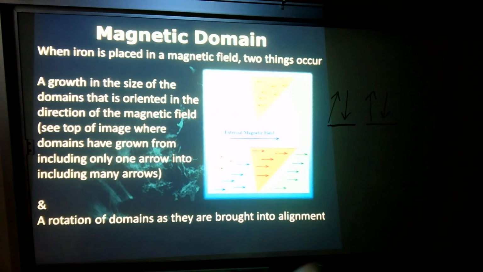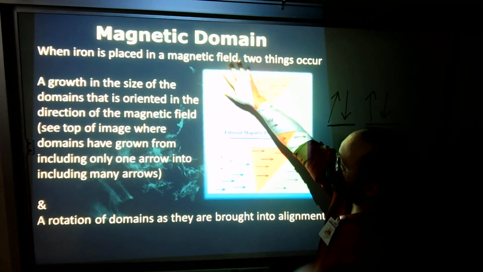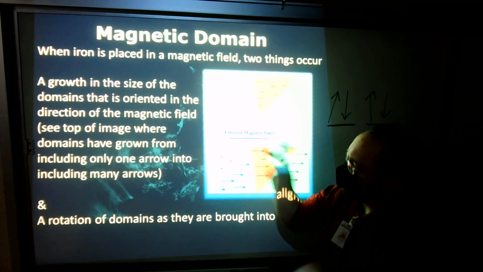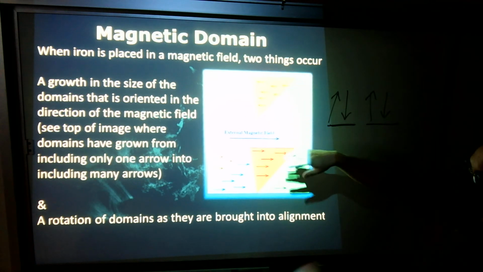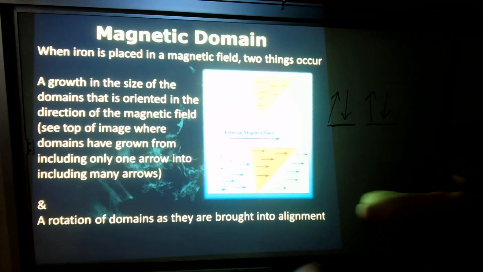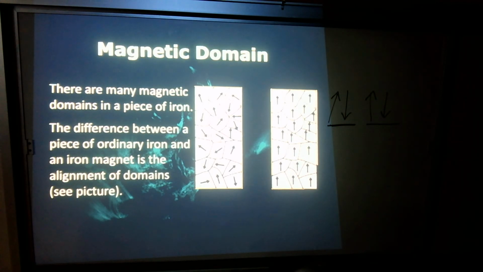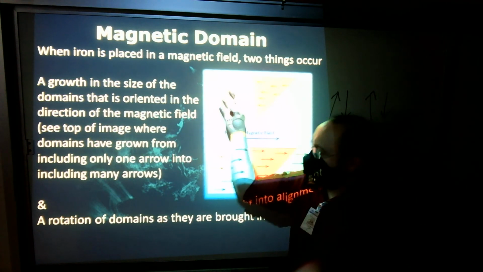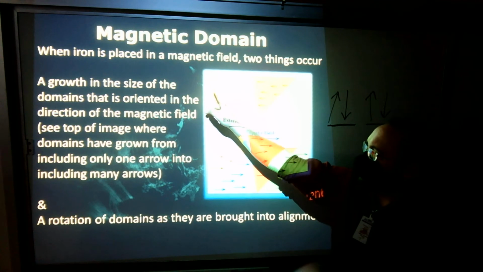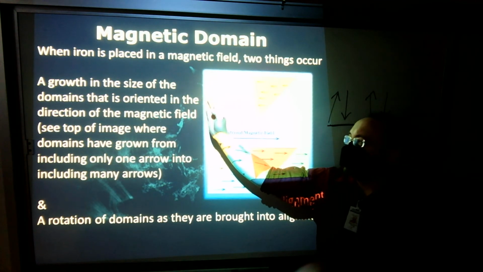So when you make a piece of iron or nickel or cobalt magnetic, you can put it in a magnetic field. That's one way, and there's another way we'll talk about in a minute. But if you put it in a big magnetic field, two things occur. All those arrows in the last slide that are next to each other but not pointed the same way, one of the arrows in this little group ends up winning and convinces the other little domains next to it to turn its way.